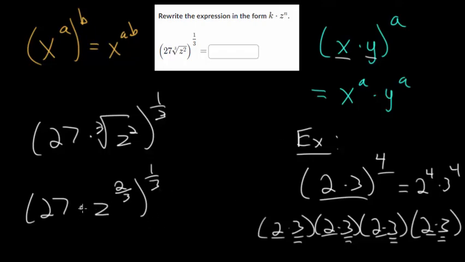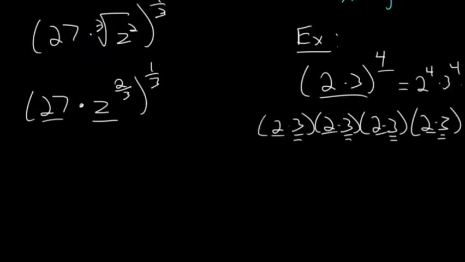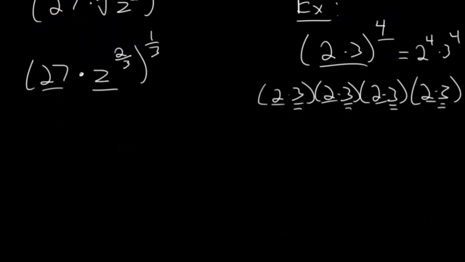Now we have a product here, so just like this general rule, or this specific example, and we're raising it to some power. And so each of these factors, the 27 and the z to the 2/3, each of these will be raised to the 1/3 power. So let's work through that.